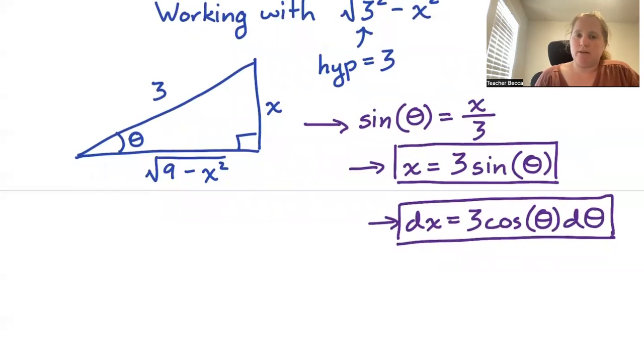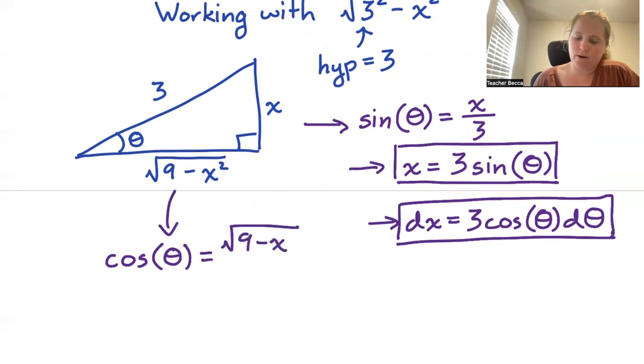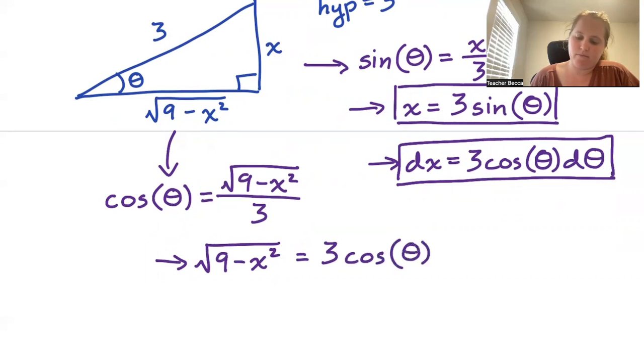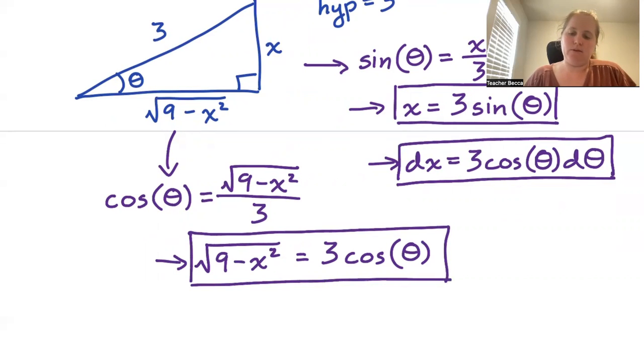The substitution involving that square root 9 minus x squared: we are looking at the relationship between adjacent and hypotenuse, so we can use cosine of theta. So cosine of theta is that square root of 9 minus x squared, then the whole thing divided by 3. And we get that square root of 9 minus x squared is 3 cosine of theta. At this point, we substitute in.